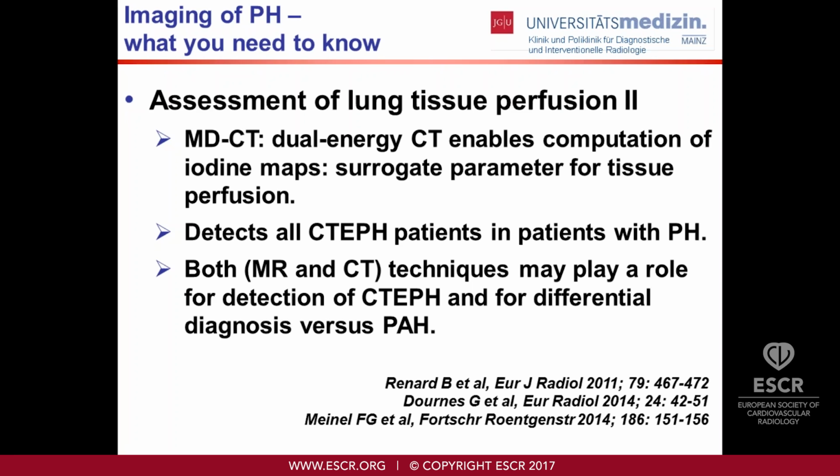These iodine maps may be a surrogate parameter for tissue perfusion. I must confess that this warrants further basic research in how far we can postulate it, but what we can see in our clinical setting, this works, and it may be of great help, especially in detecting CTEPH patients.